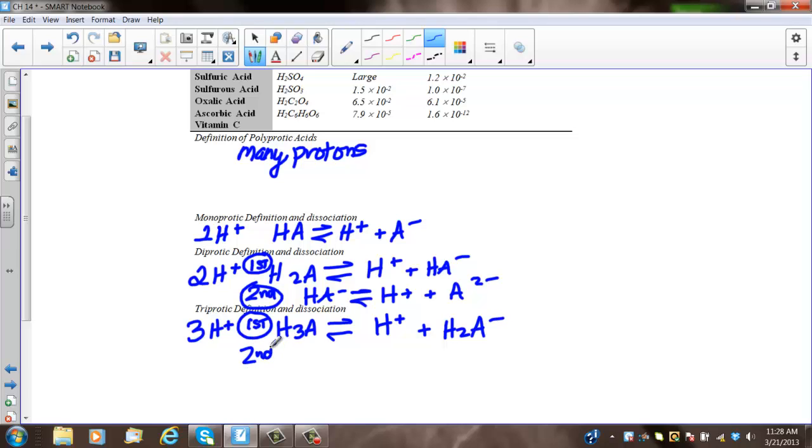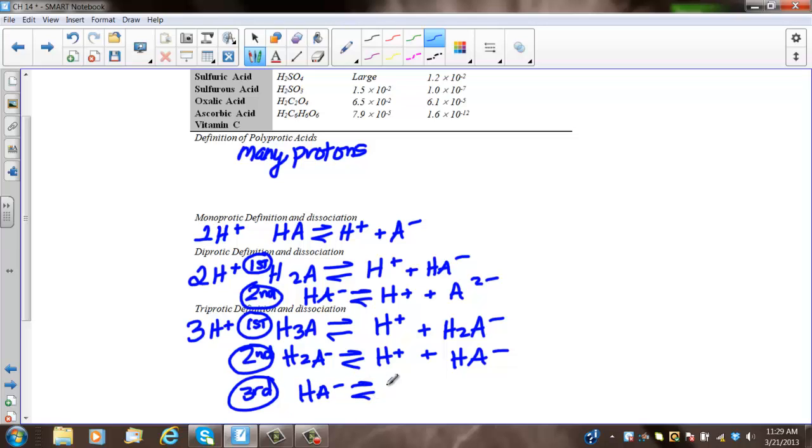In our second step, you'd start with your product, H2A minus, yields H plus and HA 2 minus. And in our third step, you would remove the last proton, so HA 2 minus yields H plus and A3 minus as you remove each proton.